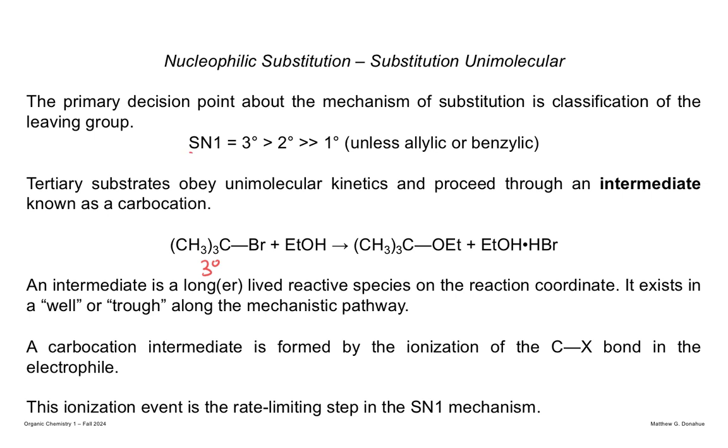And so there's the rate trend for SN1. We don't have to worry about primary or methyl substrates. Again, the secondaries were the gray area that overlapped between SN2 and SN1. So the first key indicator that it's SN1 is the tertiary substrate.